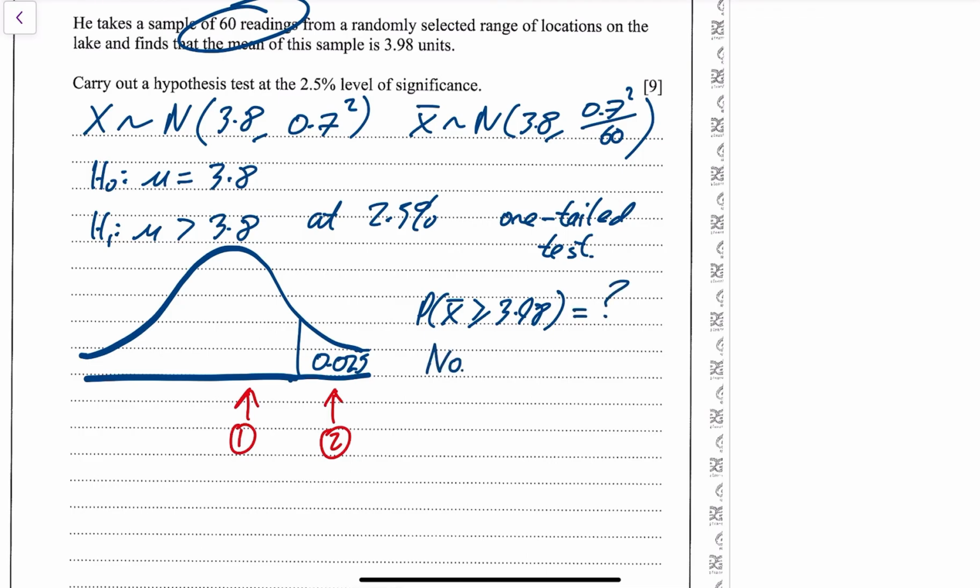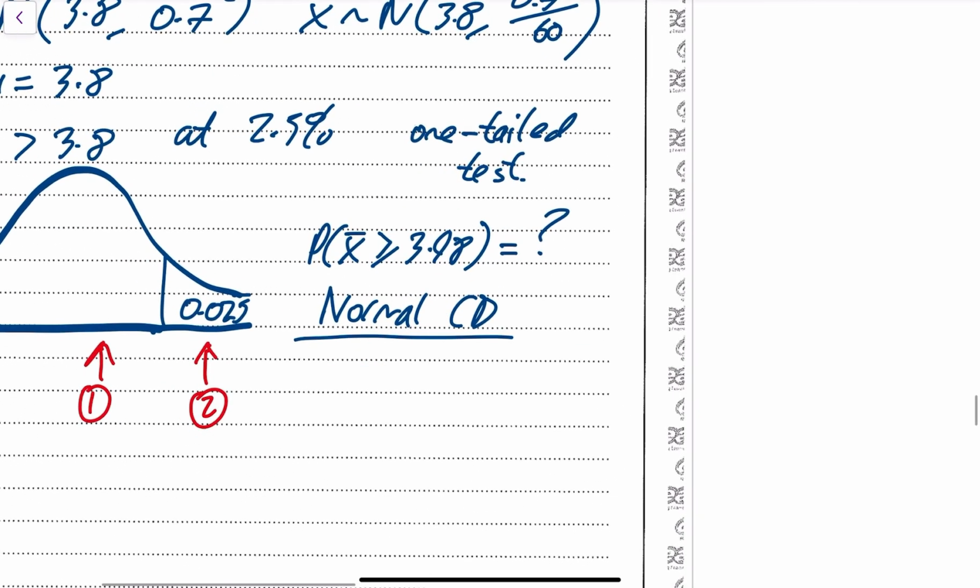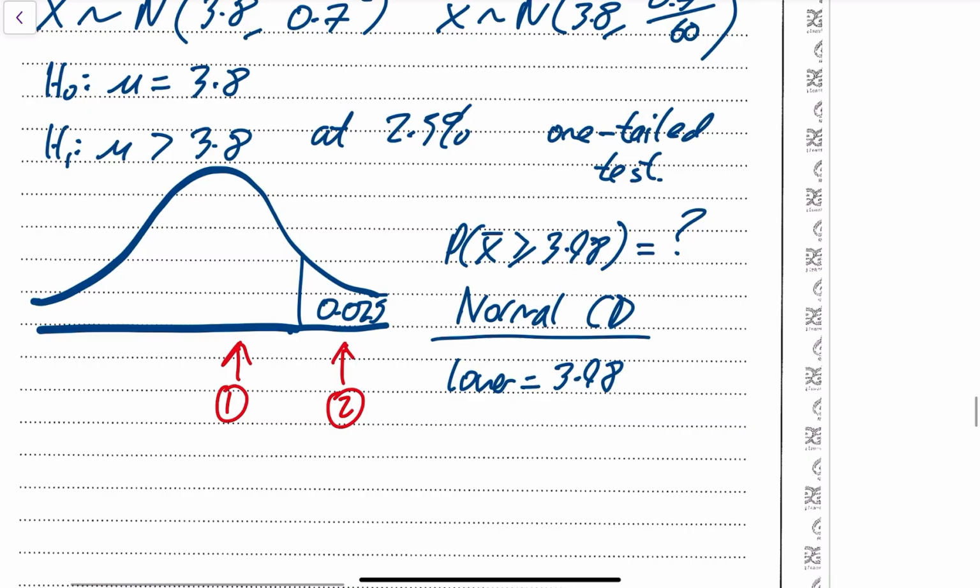So we're going to use the old ClassWiz again, thankfully. Normal CD, and my lower value is 3.98. My upper value is going to be 9 times 10 to the power of 99.